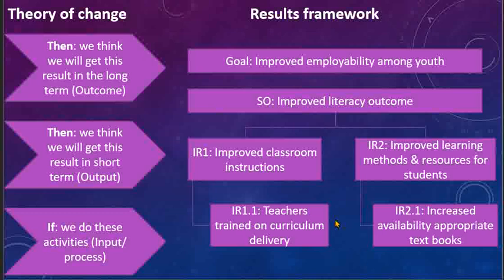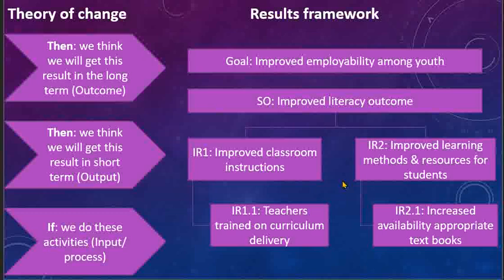So, for example, if we increase teachers trained on curriculum delivery, we are going to improve classroom interactions. So this is a subordinate of an intermediate result, and this is again a subordinate of an intermediate result.